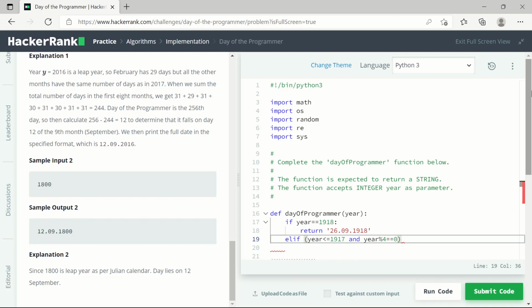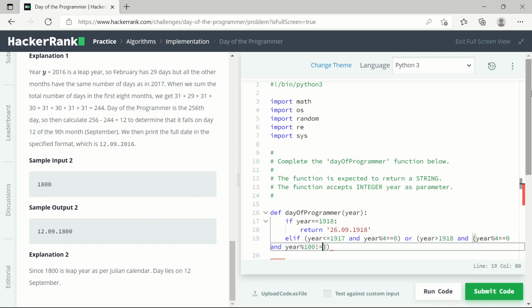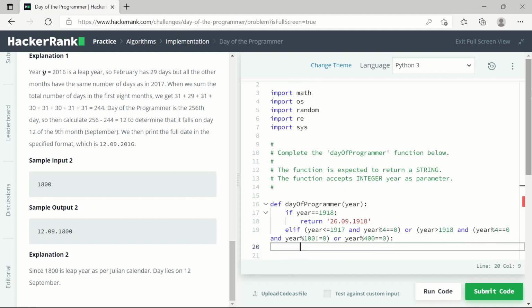For all the leap years which are less than or equal to 1917, they must be divisible by 4. So this condition is for those years. Now I'm going to write the conditions for the leap years which were after 1918. For 1918, you can see I've already returned the value 26th of September.